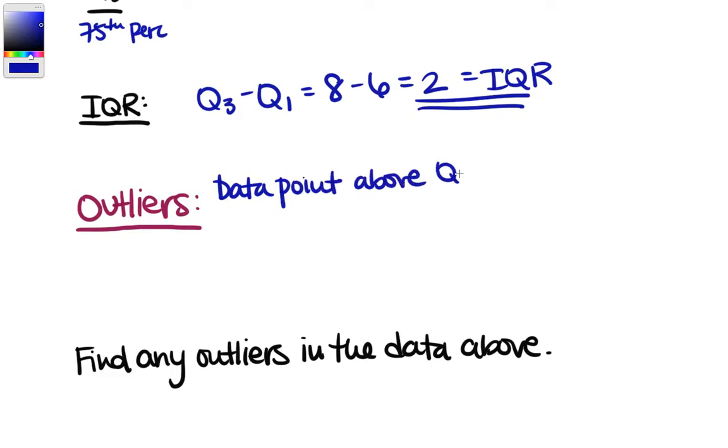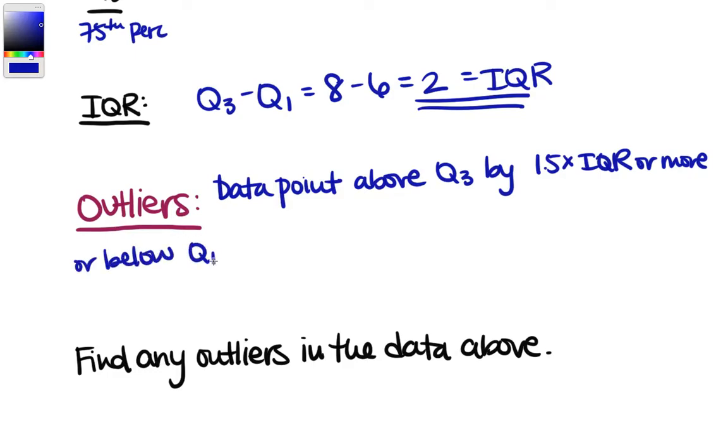So the technical definition is it's any data point that is above Q3 by 1.5 times the IQR or more, or below Q1 by at least 1.5 times the IQR.